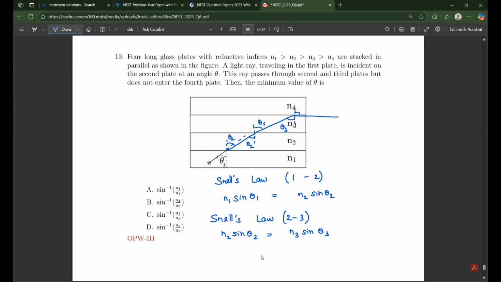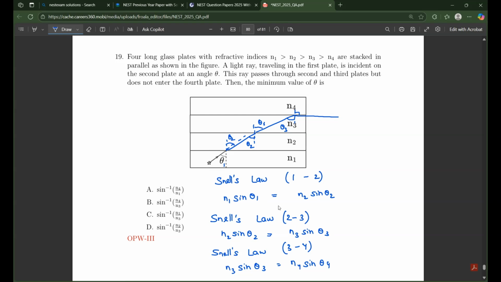So, using Snell's law, while moving from 3 to 4, it is n3 sine theta 3 is equal to n4 sine theta 4.